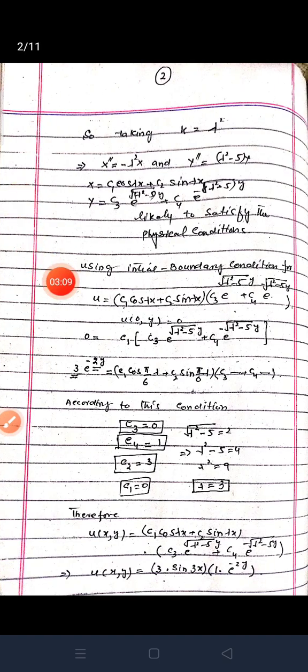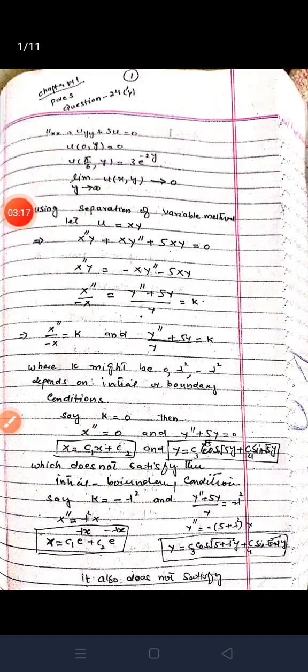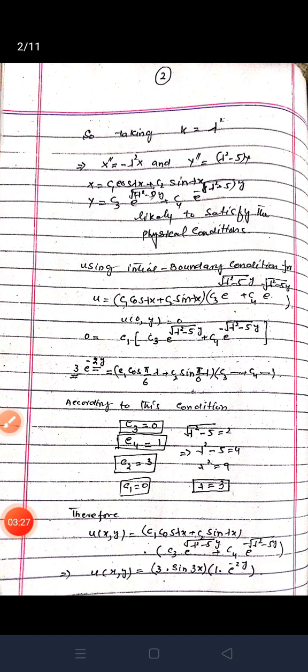Therefore, when we take this lambda square, we get Y is equal to e to the power of y. Therefore, k is equal to 0 does not support the physics of the problem. k is equal to minus lambda square does not support the physics of our problem, but k is equal to lambda square supports our problem. Therefore, we are taking k is equal to lambda square.